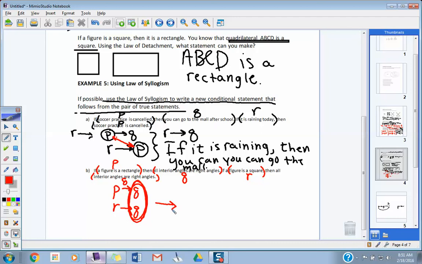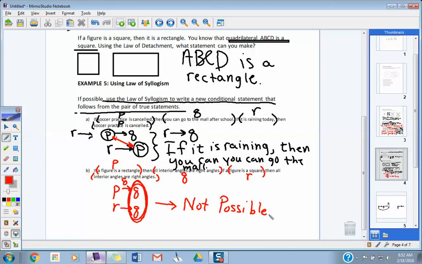So what I'm going to say is, from the following example, if possible, can you use the law of syllogism to write new conditional statements that follow the initial pair? You're just going to say not possible here. Okay? This one is not possible. If you're using law of syllogism, you're saying something implies something, two implications, looking for implications that are the same.